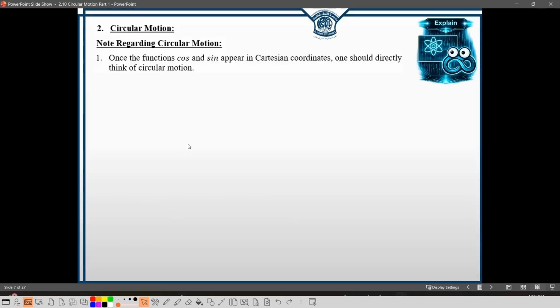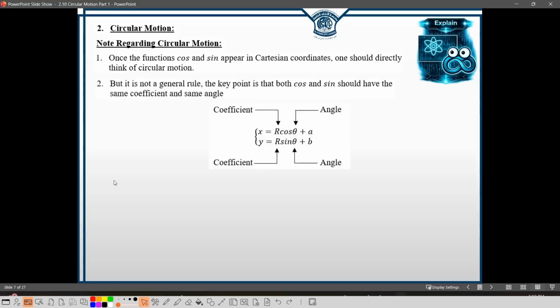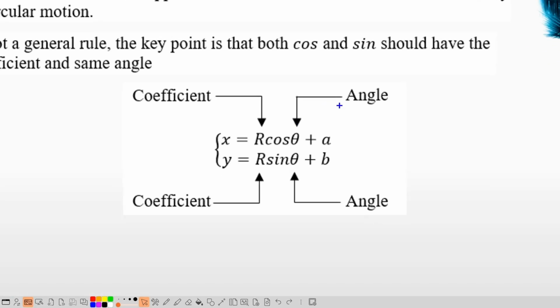Now, once the functions cosine and sine appear in Cartesian coordinates, one should directly think of circular motion. But this is not the end of the story, because it is not a general rule. The key point is that both cosine and sine should have the same coefficient and the same angle. So let's take a close look at the equations: x equals r cosine theta plus a, and y equals r sine theta plus b.